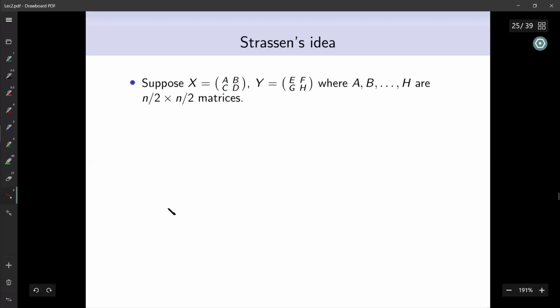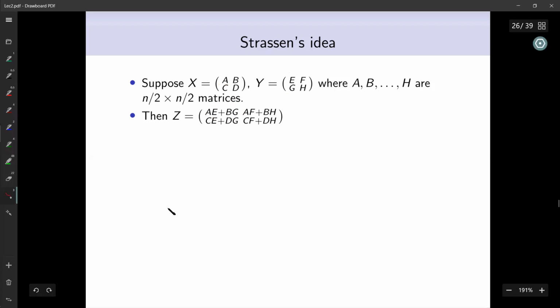Similarly, split Y. So we have 4 n by 2 matrices for X and 4 n by 2 matrices for Y, so in total there are 8 n by 2 cross n by 2 matrices. Now let's write down the product. You can easily see that the first n by 2 matrix of the product will be AE plus BG.